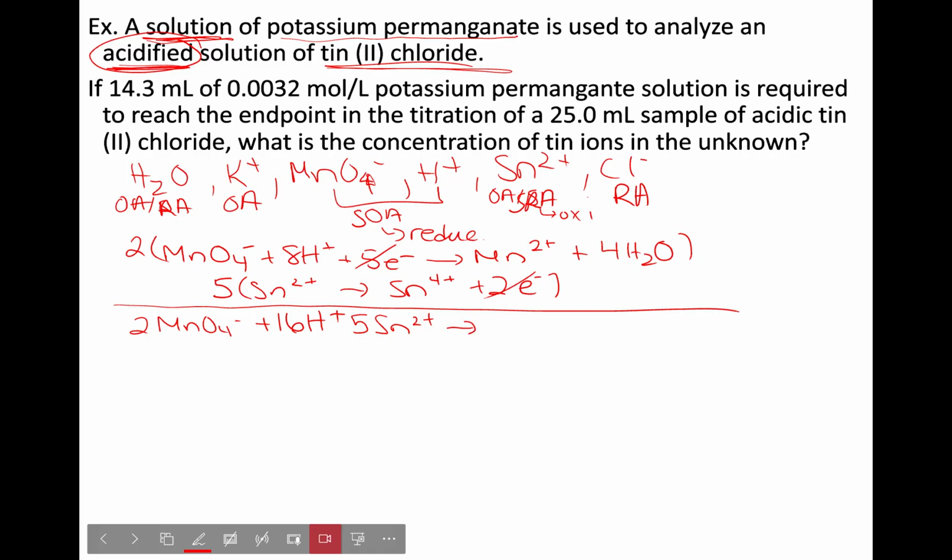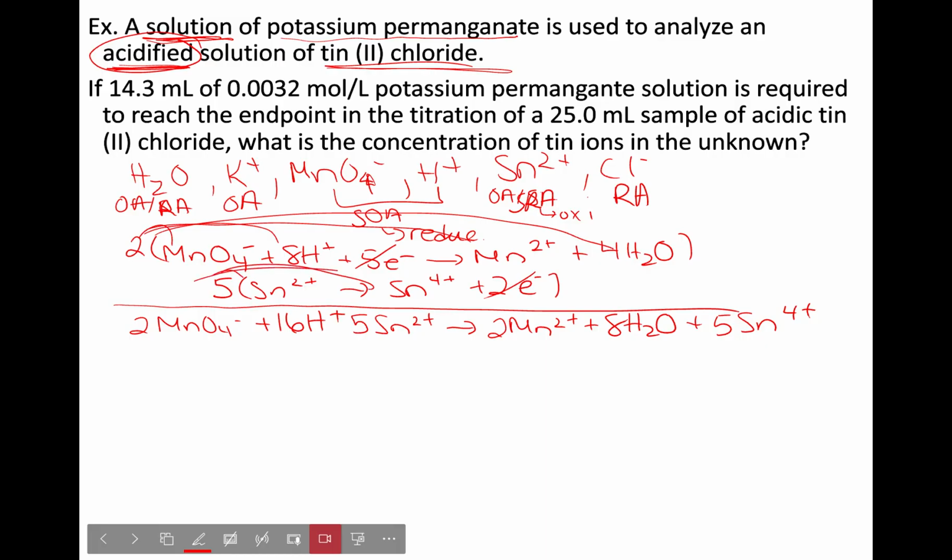And then looking at my products, 2 Mn2 positive plus 8 H2O plus 5 Sn4 positive. So just reiterating, you're distributing that 2 throughout the whole reaction, and then you're distributing the 5 throughout the whole reaction. So now we have our reaction. Your OA is above your RA, so you know this will be a spontaneous reaction.